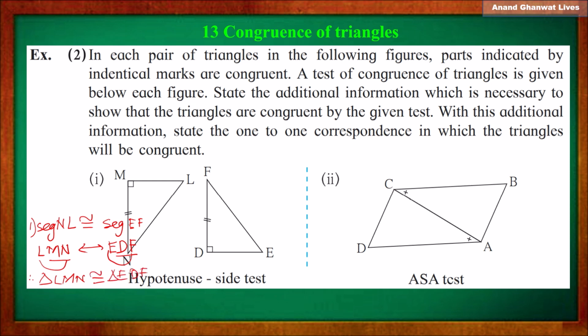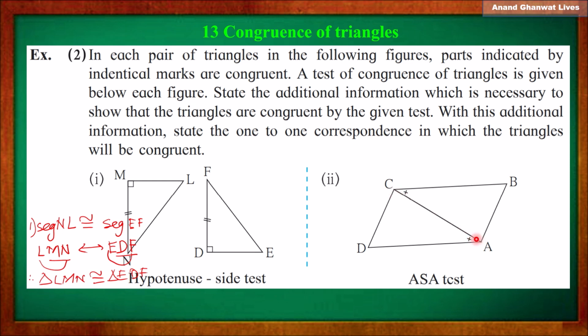Okay, now next observe these two triangles, triangle CDA and triangle CBA. The test by which these two triangles are congruent is given as the ASA test. Now two angles are given here, and a side is also given here.